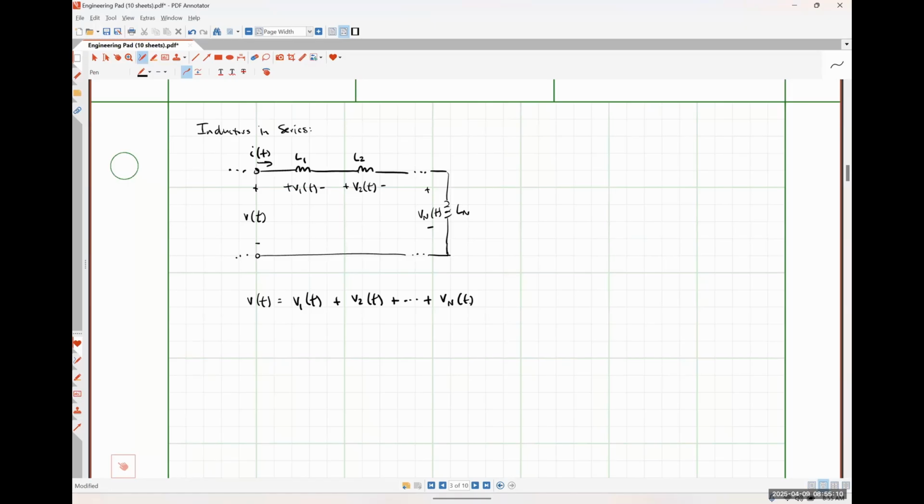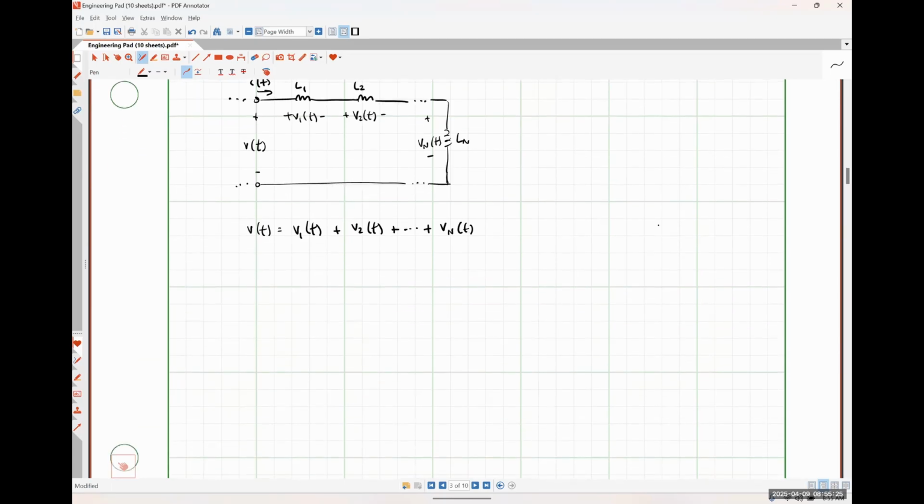But now I can express all of these inductor voltages in terms of that current I, but instead of it just being I by itself, like it was with resistors, I have that derivative relationship, right?